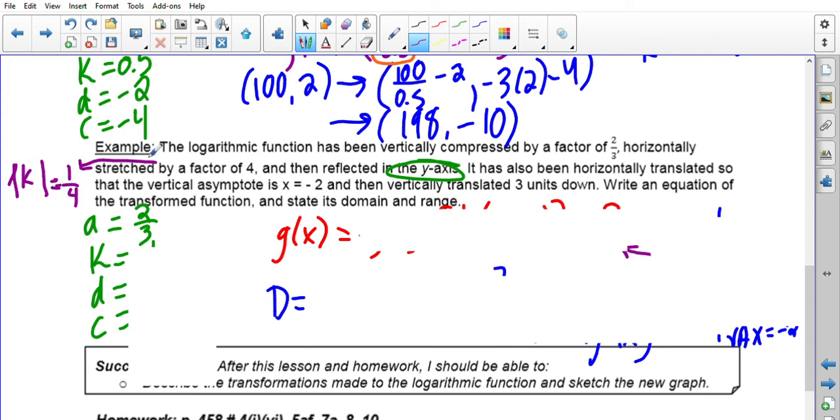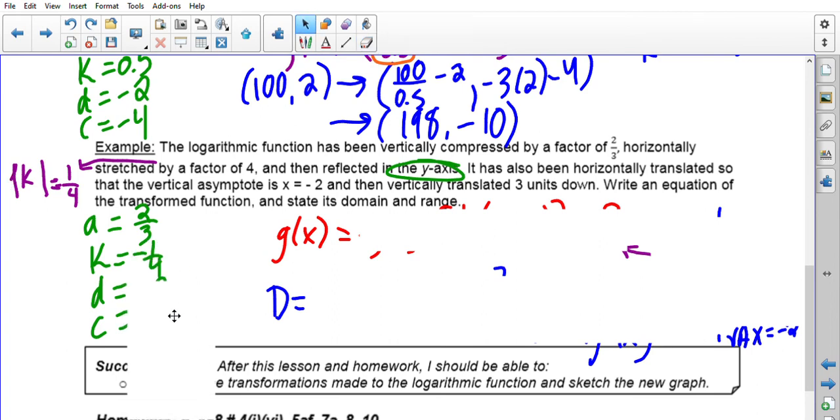And because it was reflected in the y-axis, that means the 1 over 4 has to be negative. Okay. So k is -1 over 4. Because the asymptote is at x equals -2, that represents the d value, so d is -2. And if it went 3 units down, that means c equals -3.